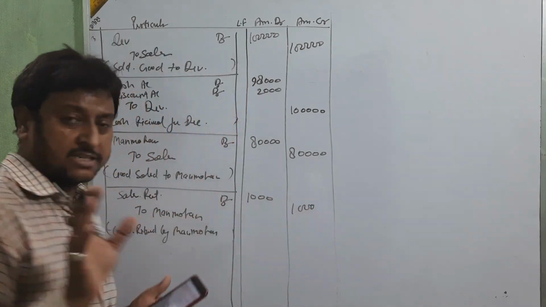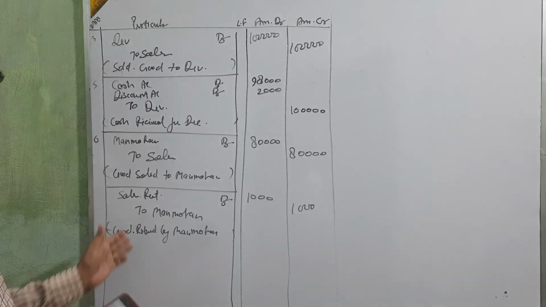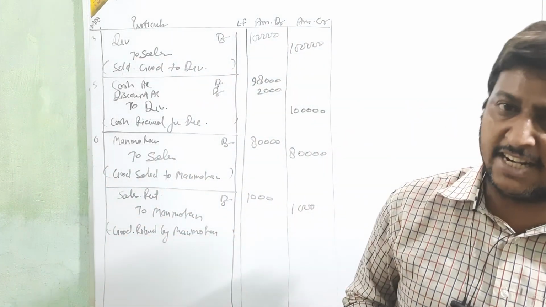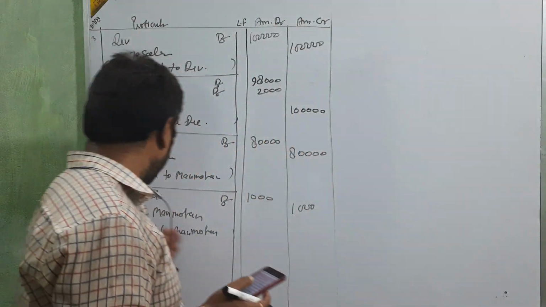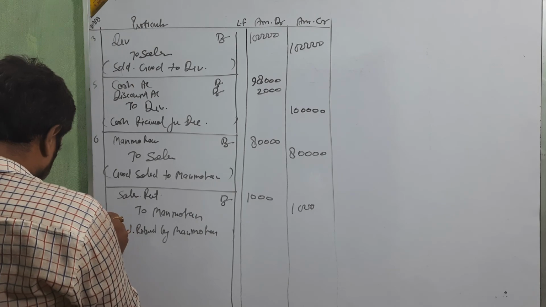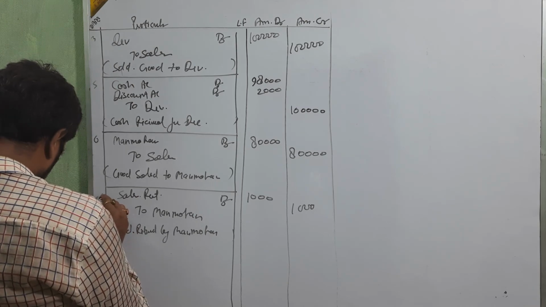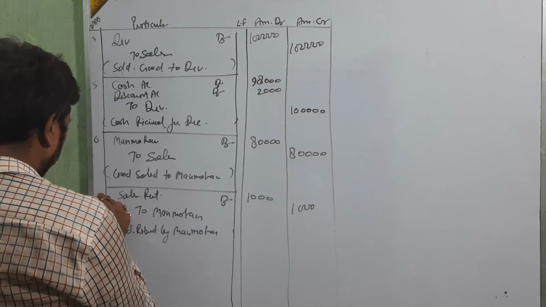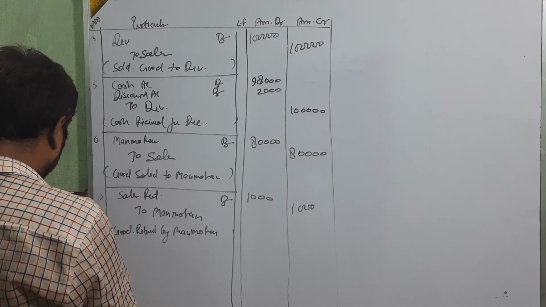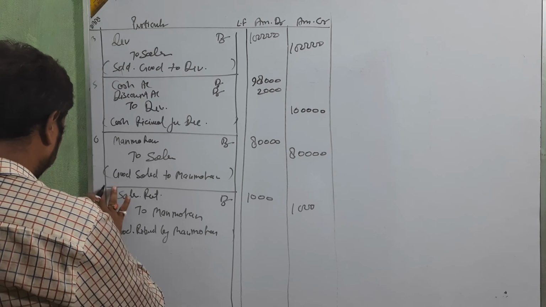Clear? It's clear or not? Sales return: sales is debit, then return is credit. We are receiving, then credit, and Manmohan is given, then Manmohan credit. Then the date is sorry, 8.